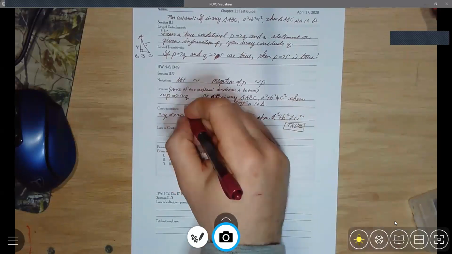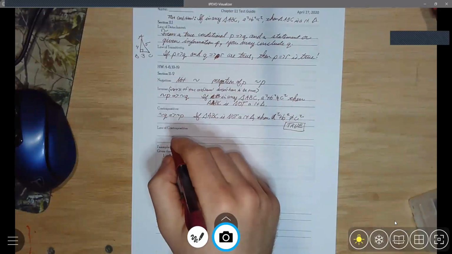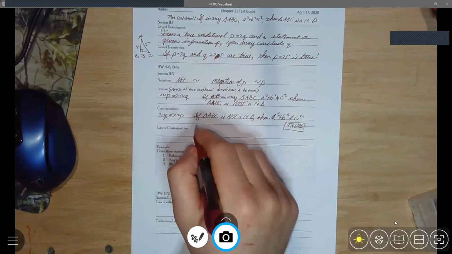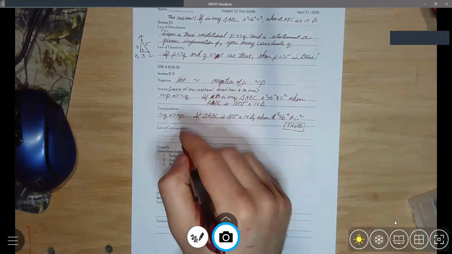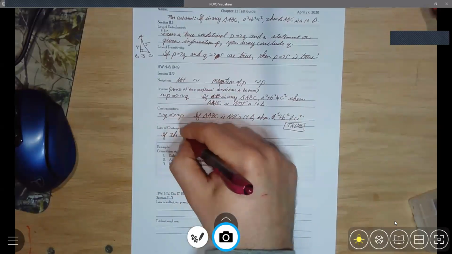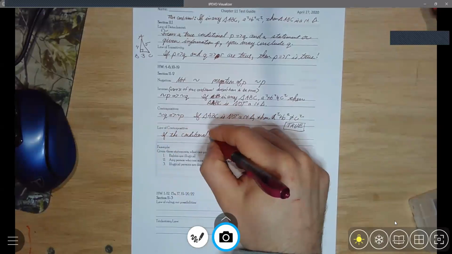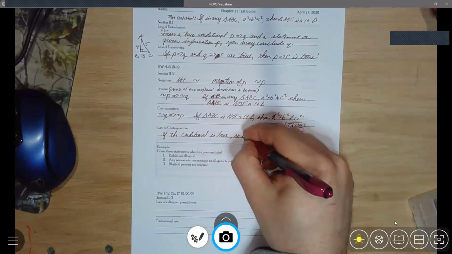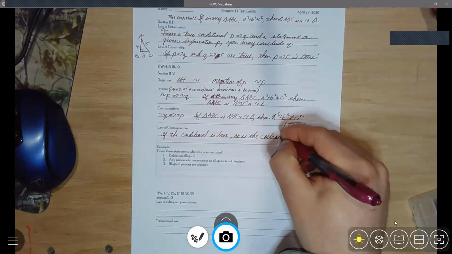And the key is that this is actually the next point. For the law of contrapositive, the contrapositive and the conditional always go together. So if the conditional is true, so is the contrapositive.